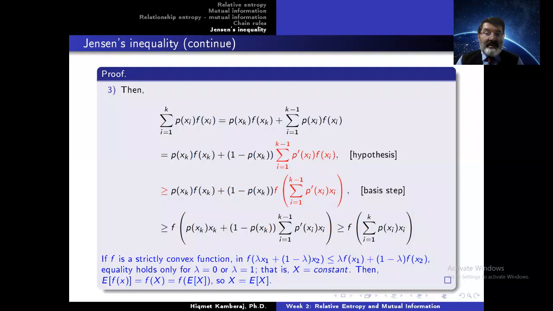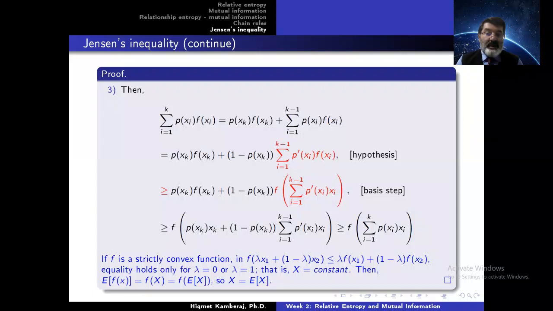Now, based on the hypothesis, first we express p of xi from the p prime of xi, which obtains the second line. So the first term on the right-hand side of the first line remains as it is, p of xk, f of xk, plus p of xi can be written as p prime of xi times 1 minus p of xk.